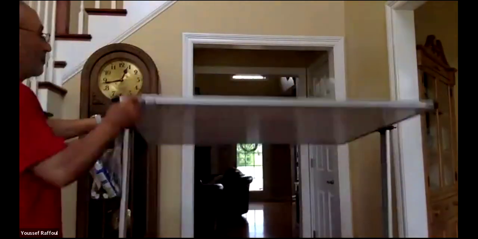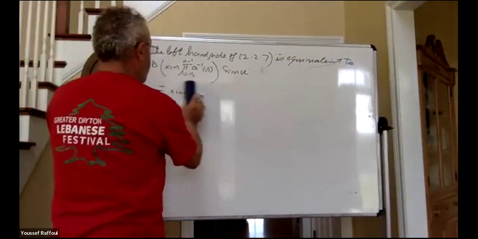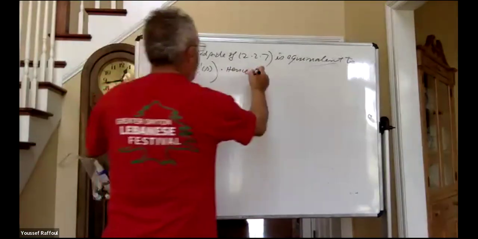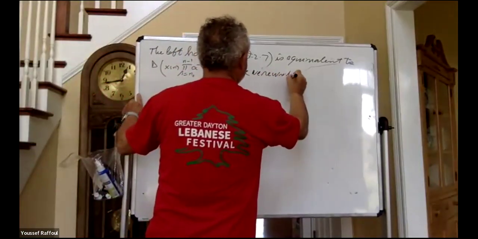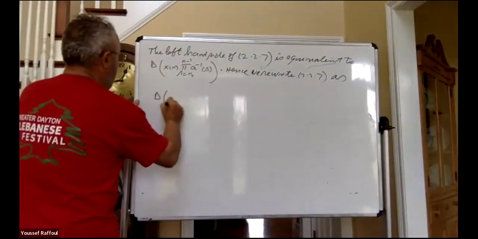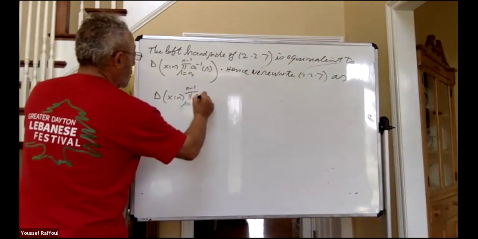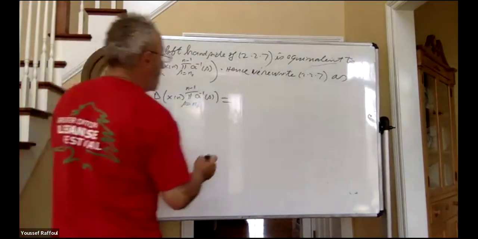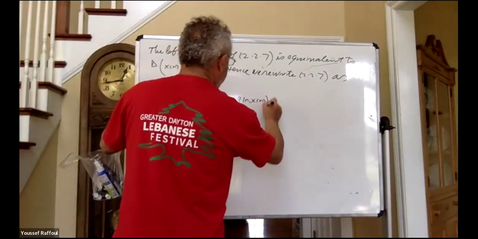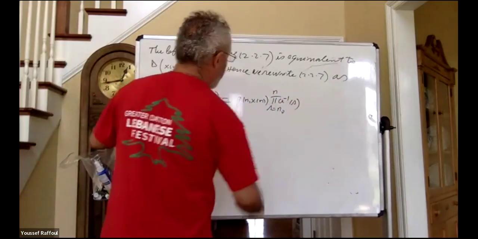Okay. So I'm gonna get rid of this. Hence, we rewrite 2.2.7 as the difference of x_n times the product from s equals n0 to n minus 1 of a inverse of s equal to, over there, g_n x_n times the product from s equals n0 to n of a inverse of s.